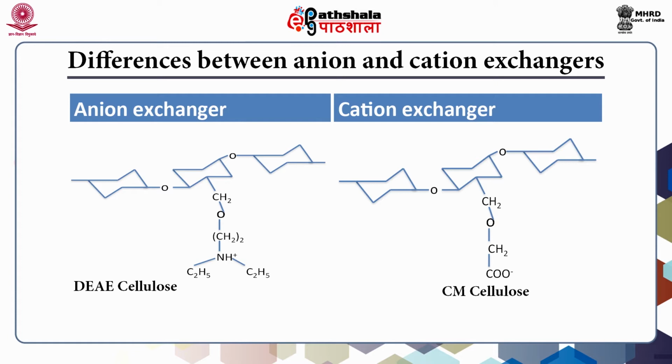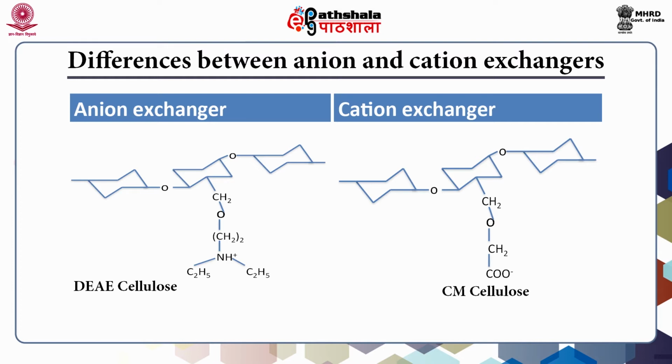Here we can see the positive charge is at the level of NH plus. So, the proton which is attached to the nitrogen in the ammonium ionic form is contributing the positive charge. That is why this exchanger is also called as basic ion exchanger.